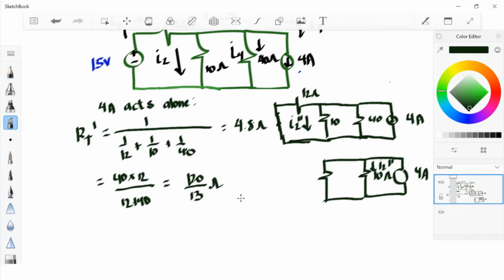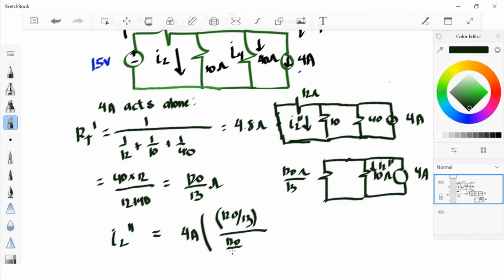Okay, to solve for I2 double prime, we take the opposite resistance of the 10 ohms, which is 120 over 13. The current entering this node is 4 amps. We divide by the total, which is 120 over 13 plus 10 ohms. We get 1.92 amps.